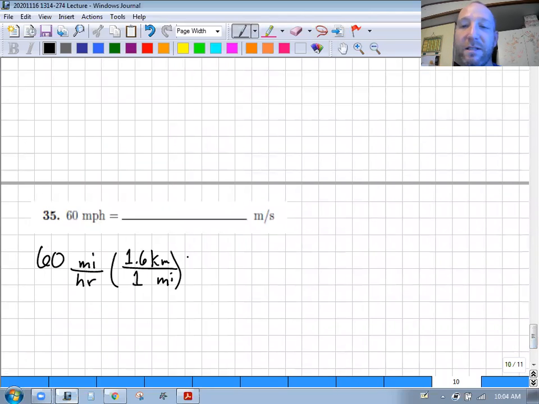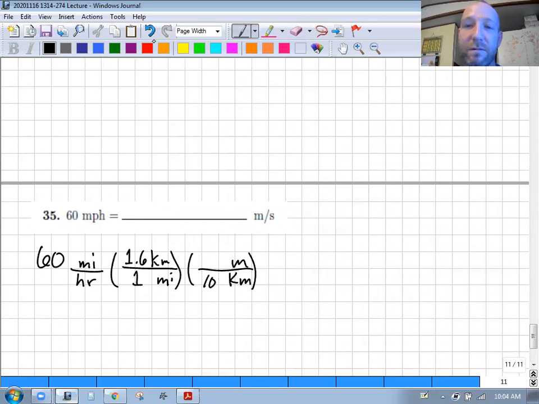So since it doesn't tell us meters, we got to get rid of kilometers and we want meters. Well, I know there's 10 squared meters per 1 kilometer. So I got rid of miles, got rid of kilometers. I'm left with meters. Now I got to deal with hours.